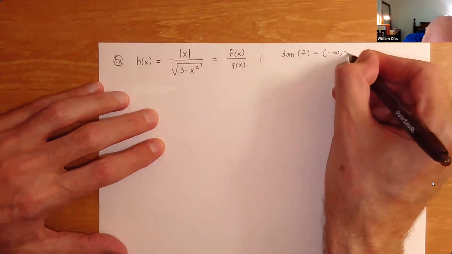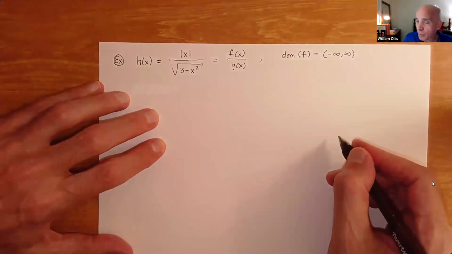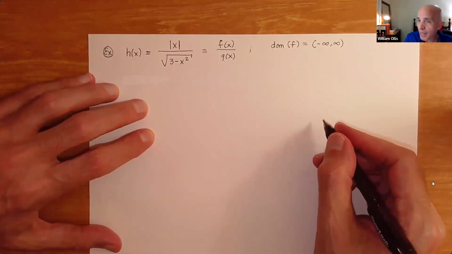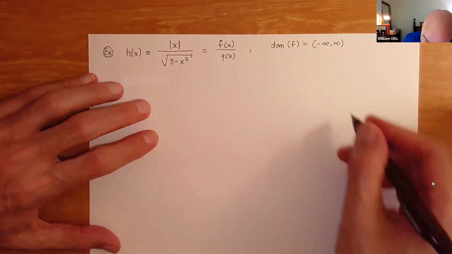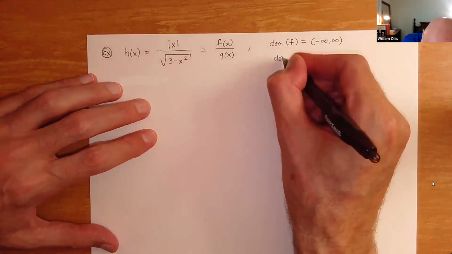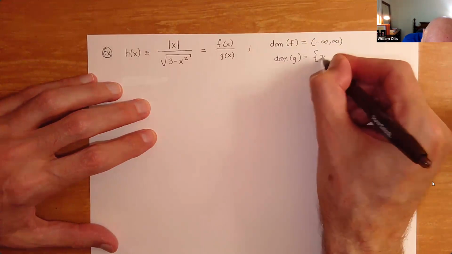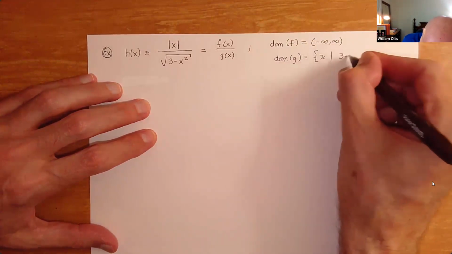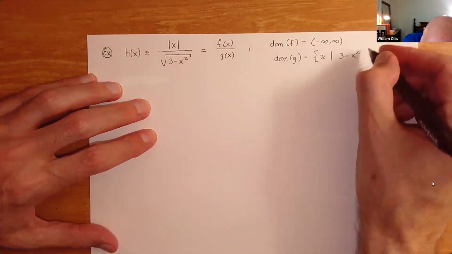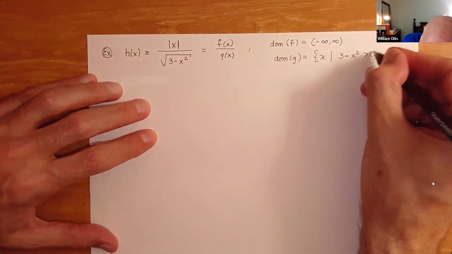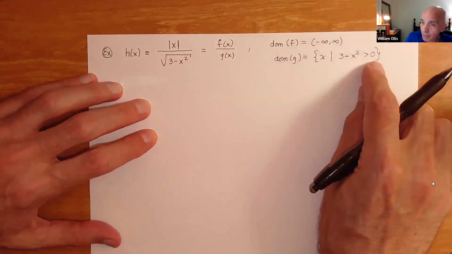We can take the absolute value of any number, and we've spent a lot of time with absolute value, kind of a fun function. And then the domain of g will be all x such that 3 minus x squared is greater than 0. We can't divide by 0, so we can't have equal to 0.